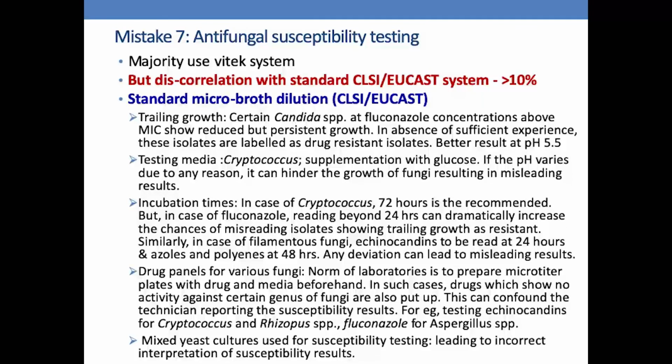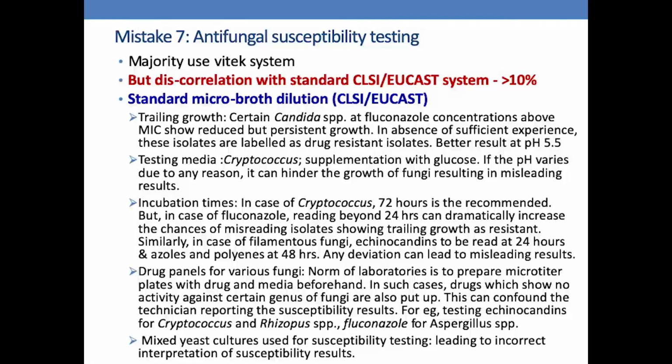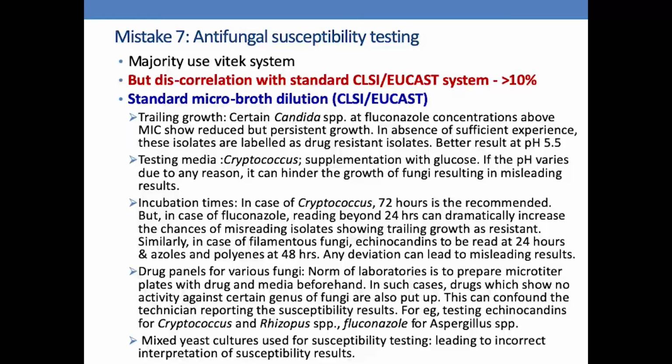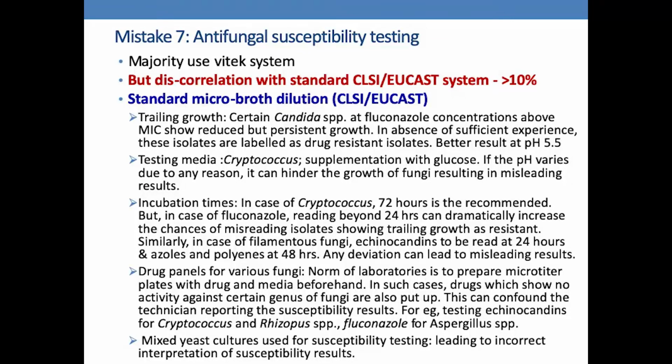You need to have 80% inhibition. Better results can be seen at pH 5.5. Testing media: in Cryptococcus, while doing the susceptibility, it should contain 1% glucose. If pH varies due to any reason, it can also hinder the growth, resulting in misleading results.